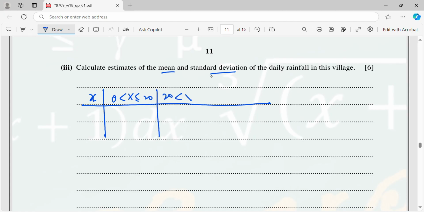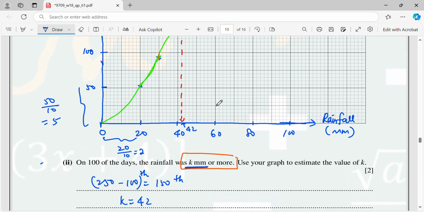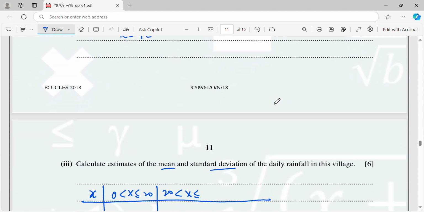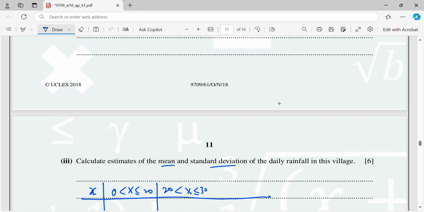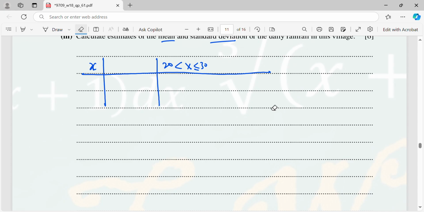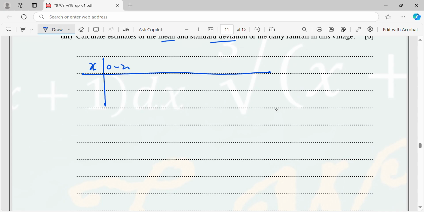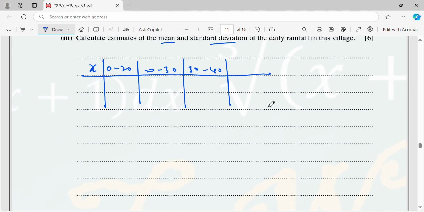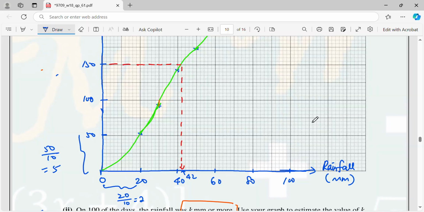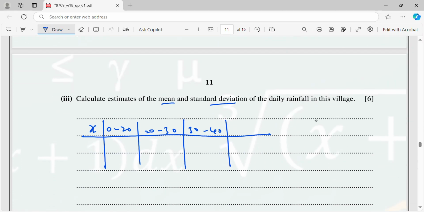Then the next is 20 to 30. Okay, because if I write in this form, I'm scared there is not enough space, so I will just write in the other way. That is 0 to 20, 20 to 30, 30 to 40, because the next one is 40. Then after that, 50, 70, 100.